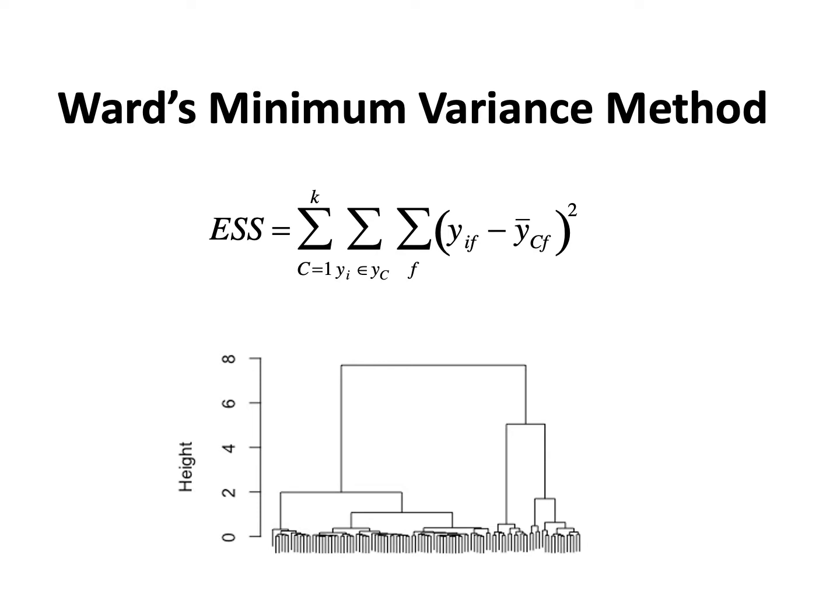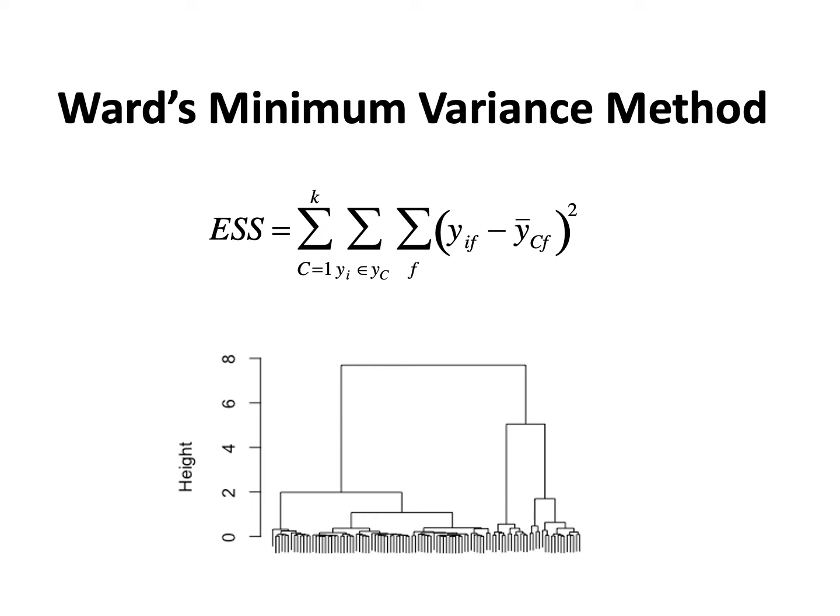And the last one is called Ward's minimum variance method. This is a statistical criterion where it's going to minimize the error sum of squares term. This is like a term from an analysis of variance, where if you have k clusters with cluster centers, you compute the sum over all features of your observation's difference from the mean of all the values in the cluster.